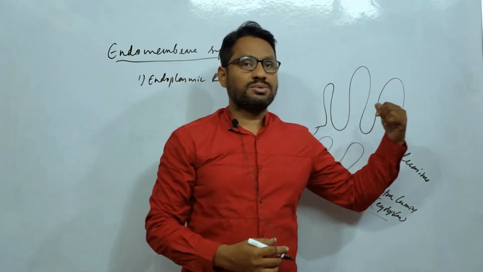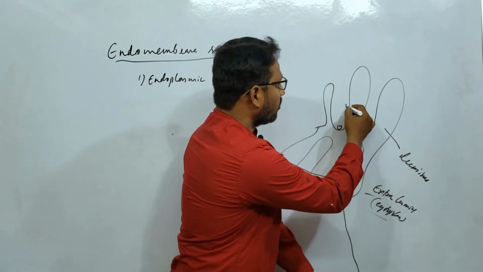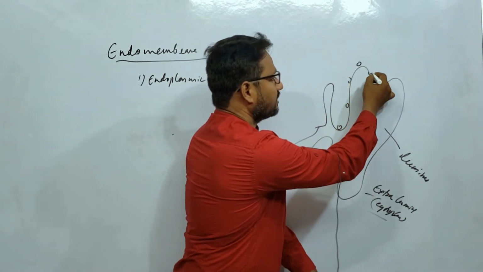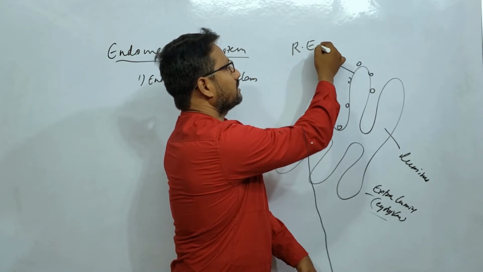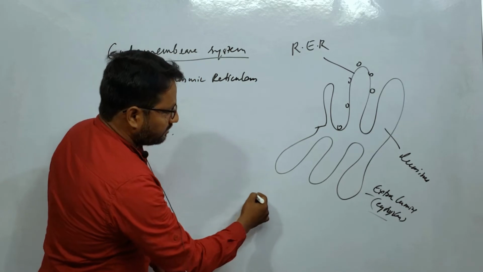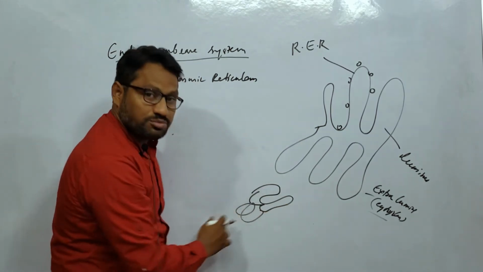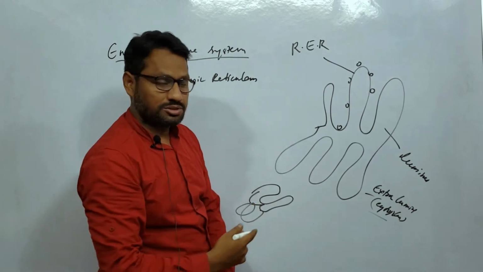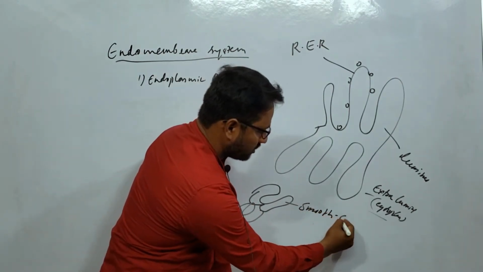In endoplasmic reticulum, if they have ribosomes attached on its surface, then it is called rough endoplasmic reticulum. Whereas, if there are no ribosomes attached to the endoplasmic reticulum, then it is called smooth endoplasmic reticulum.